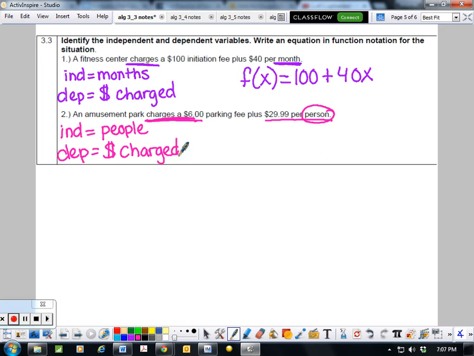So when we write our function, we're going to write f of x is equal to, and our initial fee is that $6 parking fee. And then we're going to add on $29.99 for every person. And that's it.